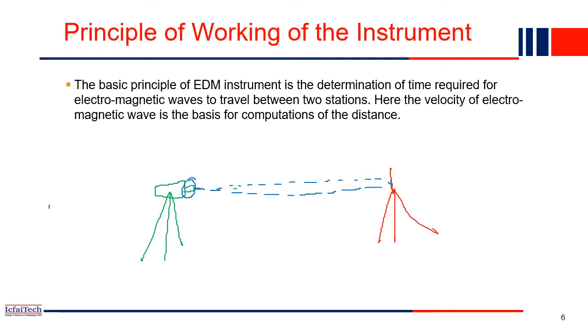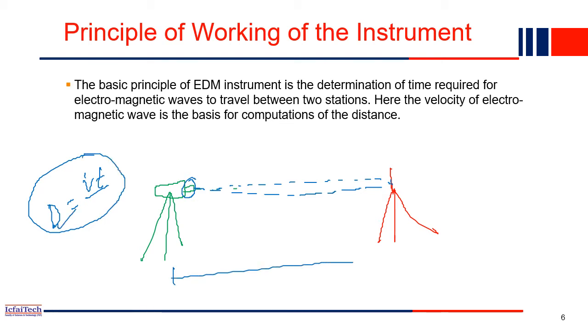So the distance will be simply velocity into time taken. Let me write it: the distance will be simply velocity into t, right? Vt. So distance is D, from this point to this point we are measuring. The velocity of the wave we already know.